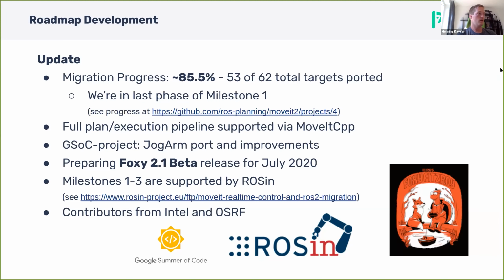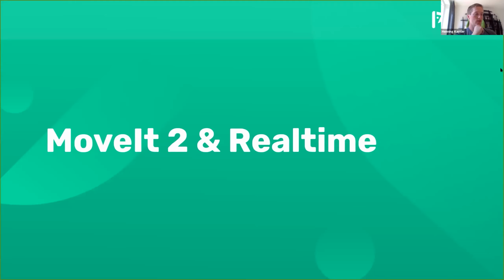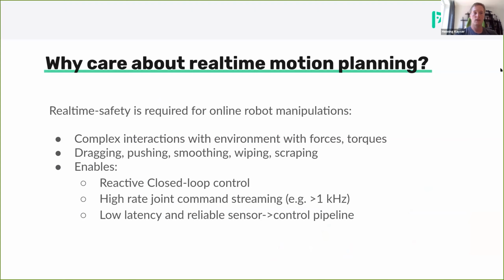Now, after this update, I want to give a little insight about MoveIt 2 with real-time support, what that actually means, and how we want to redesign MoveIt in order to use those features. Real-time safety is really required for robust online robot manipulation.